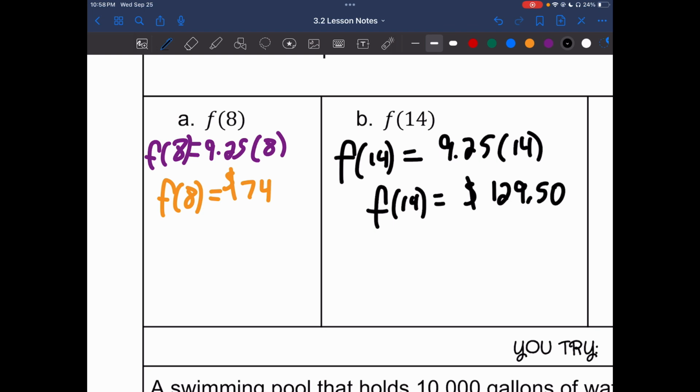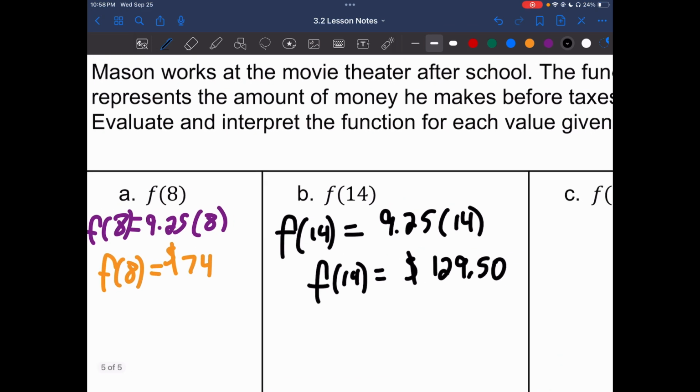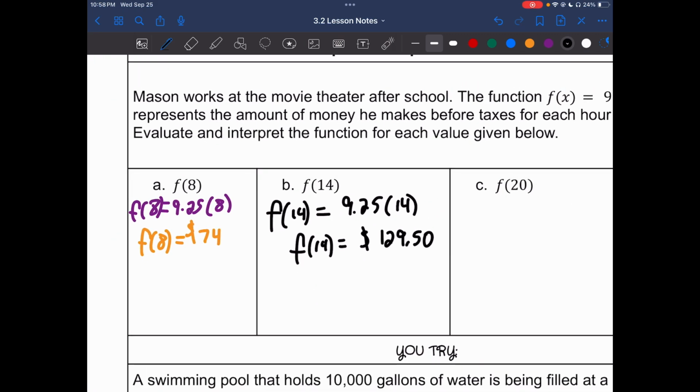If you just wrote it as $129.5, I would accept that, but money, we would add the 50. And that is a key point of distinction here. These are both talking about money, and the third one is also talking about money. So we do need to include our units, and we have it because f of x, the function, represents the amount of money he makes.